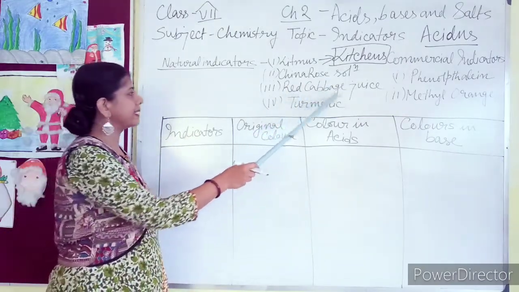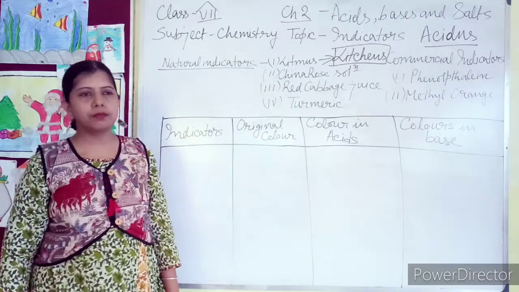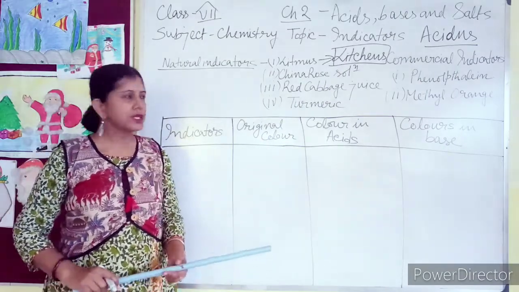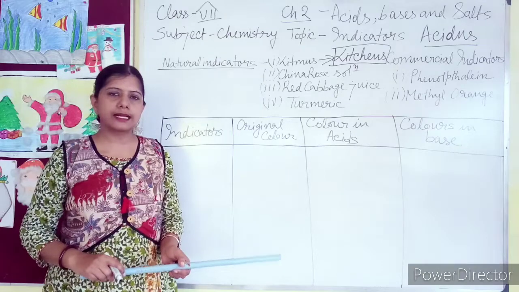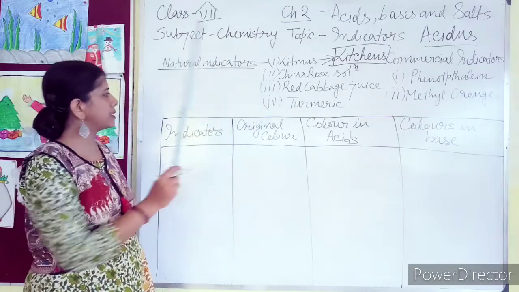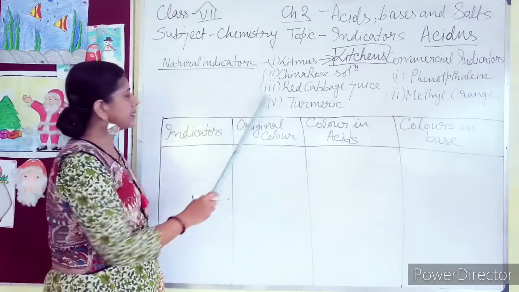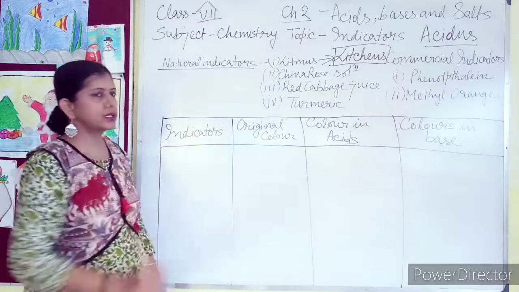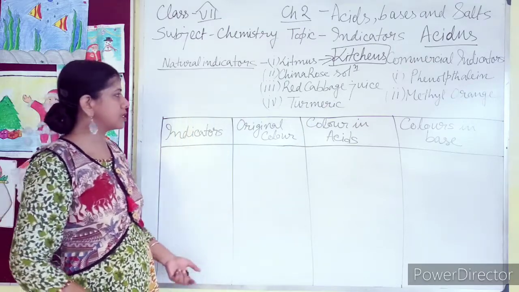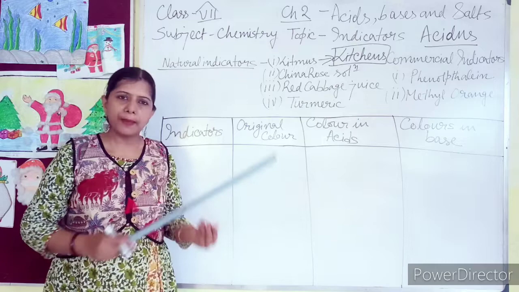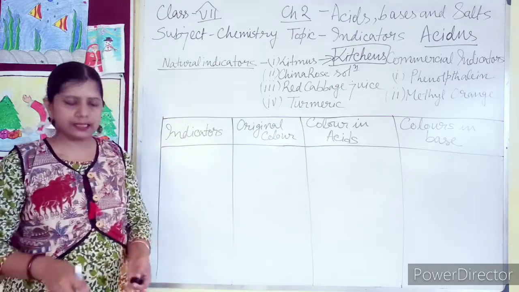Third one is red cabbage juice. Cabbage can be purple in color, so juice of that is red cabbage juice, that is also a natural indicator. Turmeric is the best natural indicator. Turmeric juice, turmeric solution, turmeric paper, these are natural indicators.